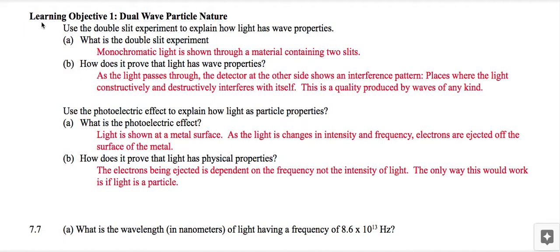This is how we know that it's a wave, and this is the evidence we use in order to explain that it is a particle. So the double slit experiment is going to be that monochromatic light experiment where that light is shown through a material that has two slits, and then on the other side there's going to be some kind of detector that will show what happens to that light as it passes through those slits.